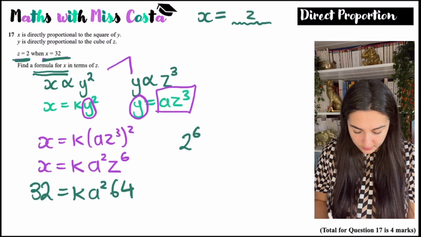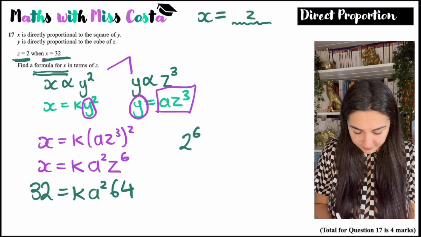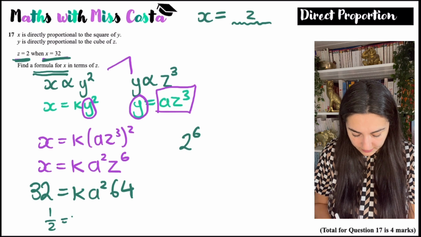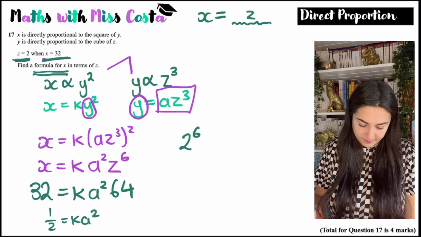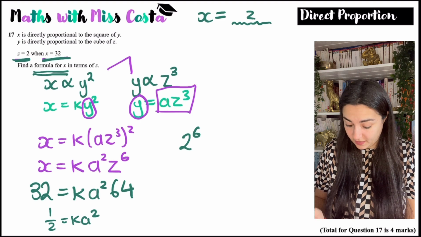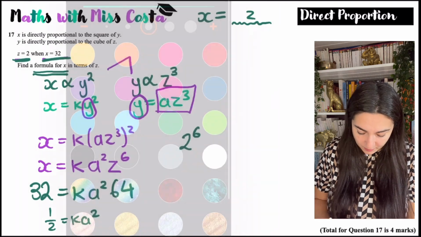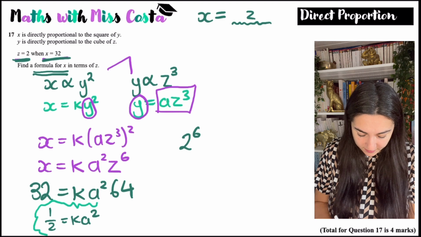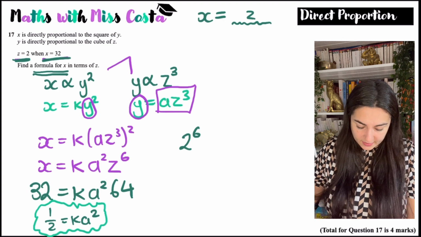So 32 divided by 64 would be 1/2 equals k a squared. So k a squared equals 1/2, okay? So once again, think about what we can substitute in. So 1/2 equals k a squared.